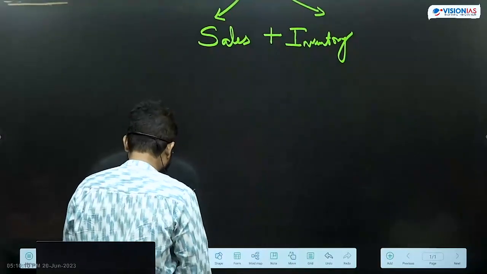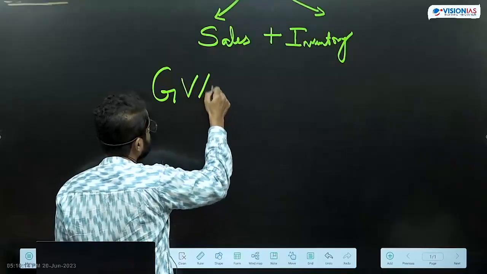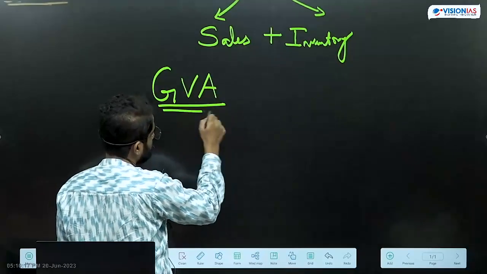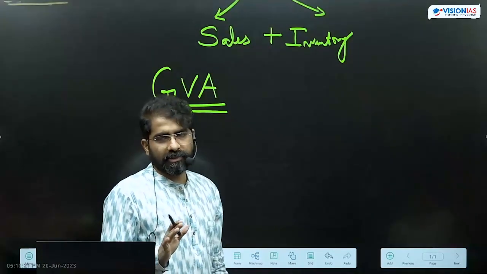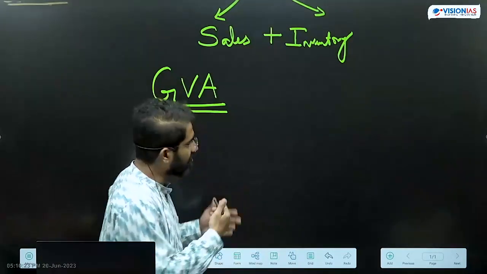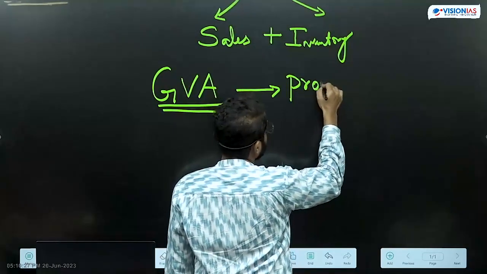First, we have understood in the production method or the output method the concept of GVA. And remember that the GVA concept is not new. It's an earlier concept, a method for calculating national income using product or production.